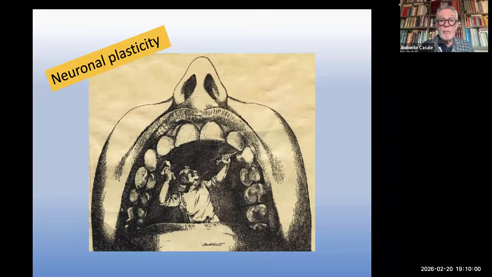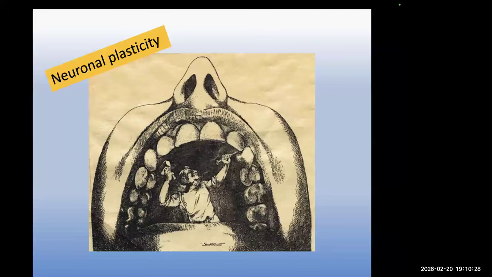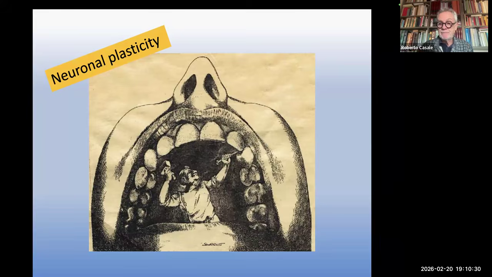But this is normal neural plasticity, which we use when we have to learn poetry, when we have to learn maths, when we were studying medicine. We were able to learn anatomy just because the nervous system was plastic, and the repetition of information makes our brain change.